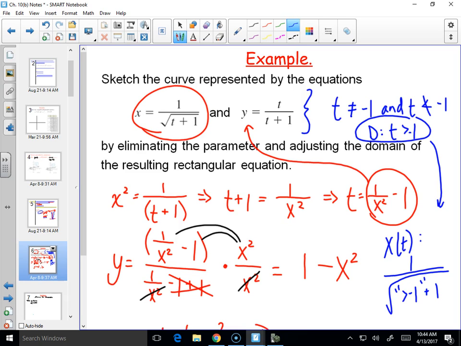What would happen if I put in negative 2? Oh, that's imaginary. What if I put in 0? 0 is greater than negative 1. What would I get? Zero plus 1 is 1. 1 over 1 is 1. Okay. What if I put in 2? Yeah, that's gross. 1 over root 3. Okay. What if I put in 3?